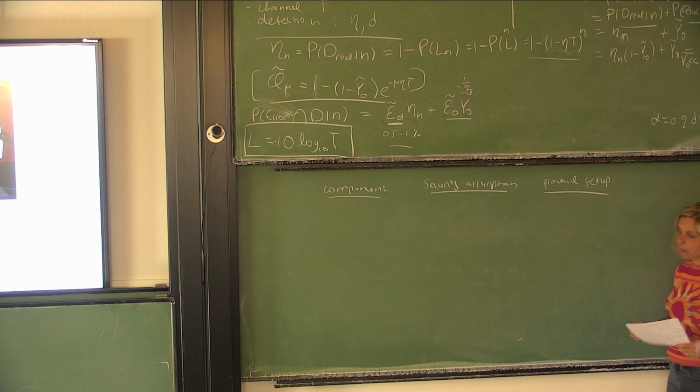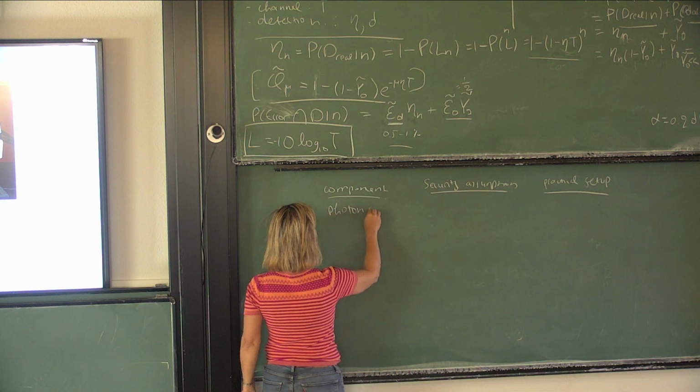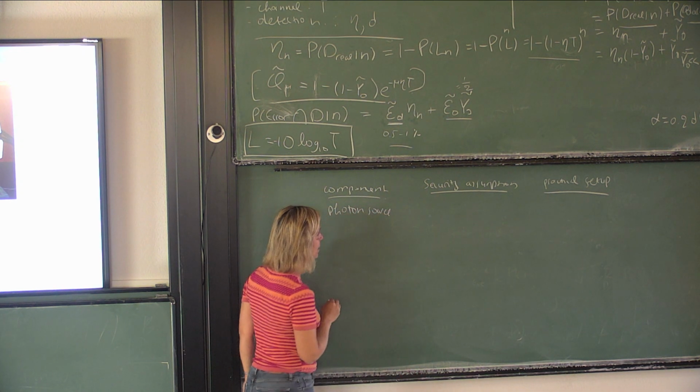And you can see, for example, the photon source is one of the components, and this is the whole work that we've been doing for the last hour. The PNS is linked to that.